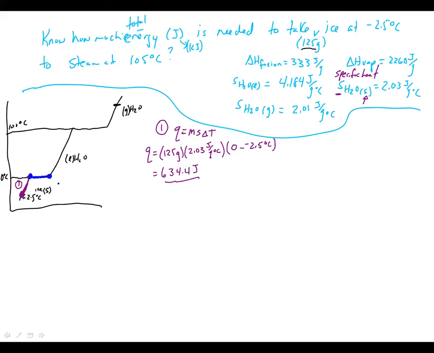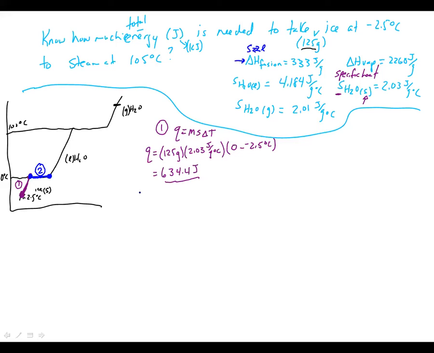This is going to allow us to do the phase change, the second step. When we do not change the temperature but do change the phase, that is where we want to use the delta H of fusion for water, especially when you're going from solid to liquid or backwards. That's what the heat of fusion is for.